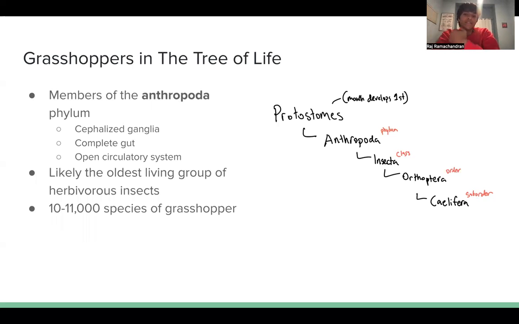Specifically, under the Arthropoda, they're insects, and then Orthoptera, and Caelifera is their suborder. They're likely the oldest living group of plant-eating insects. And like I said earlier, there are about 11,000 species of grasshoppers.